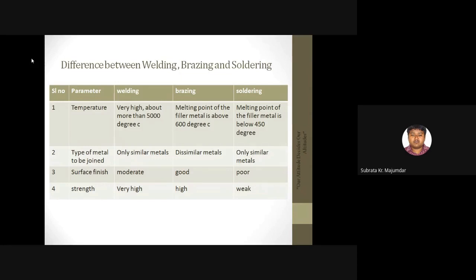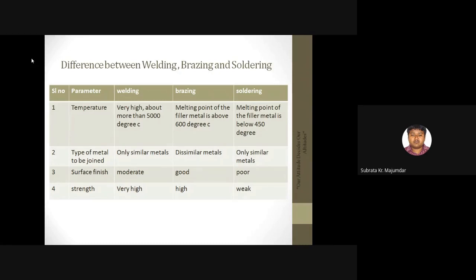Now, the application area. Nearly all of the mechanical industries can apply welding, and most electrical and electronic industries can apply soldering, and brazing is used in a moderate way.